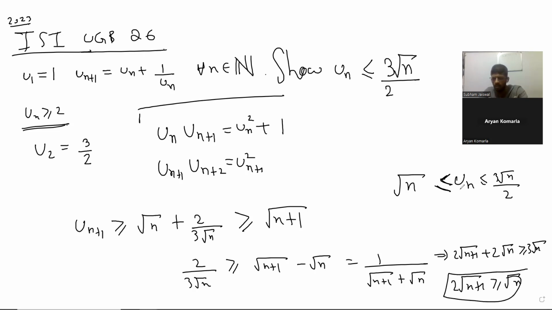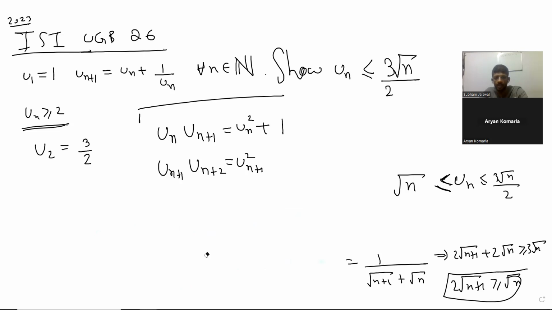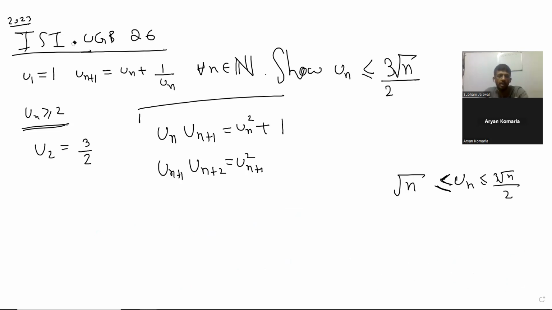So then I think this lower bound is good, provided you can use this to prove un plus 1 is less than, that also you need to check, simultaneously. So you make this assumption for some n.